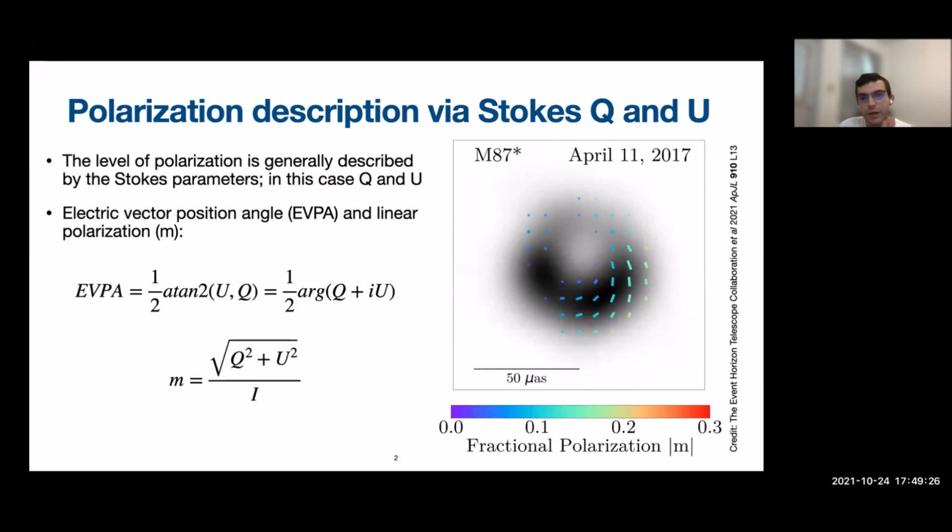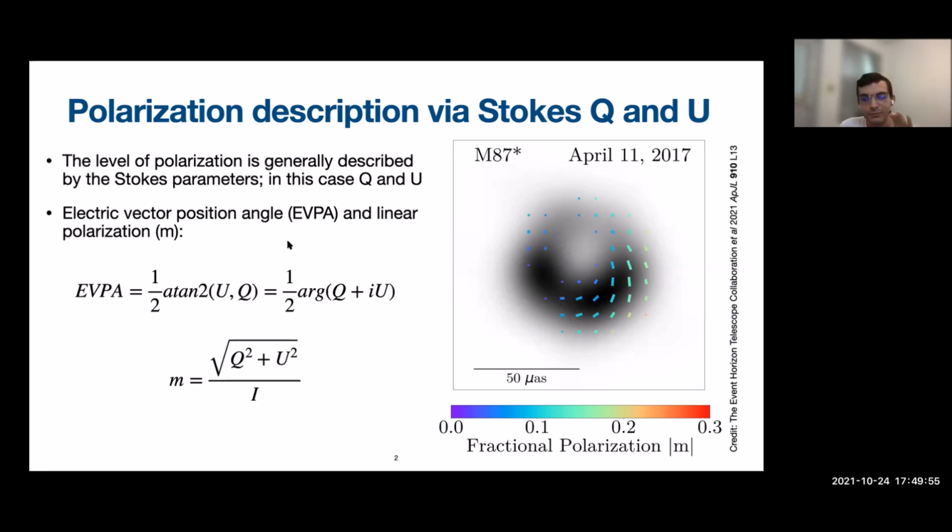The first thing we need to know is that this polarization can, generally speaking, be described using the linear polarization descriptions of Stokes Q and U. The reason is that this EVPA quantity here depends directly on those two Stokes parameters. EVPA stands for the electric vector position angle, and as the name suggests, it gives you the direction of the electric vector component coming from the source that we are detecting.